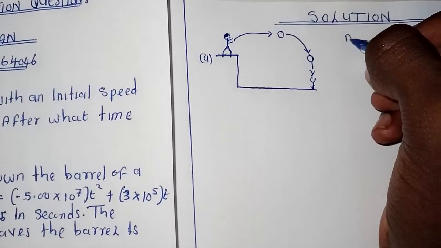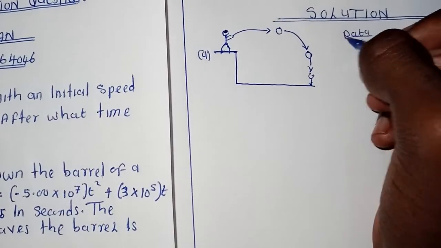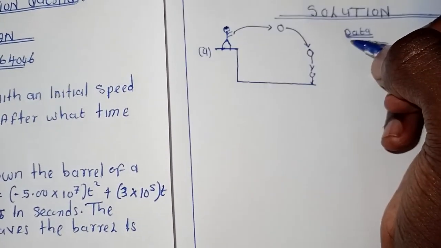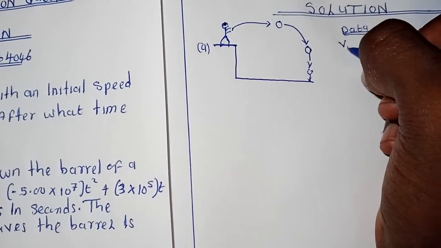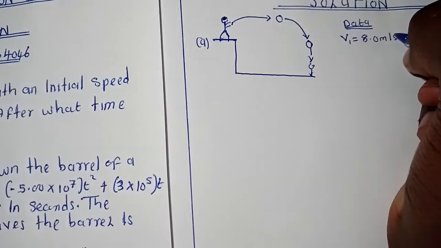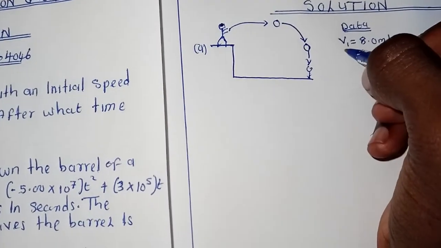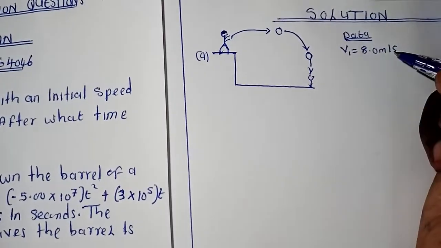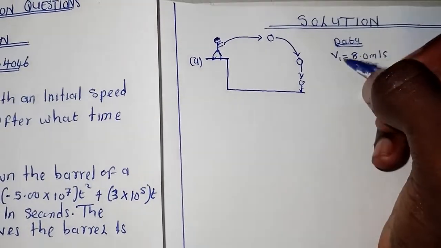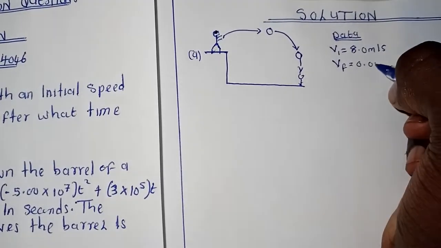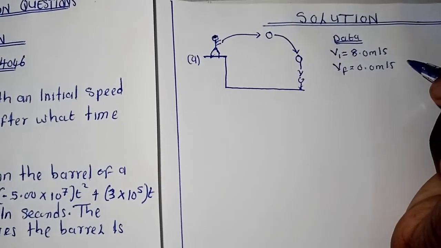Now, according to our data, we have an initial speed of 8.0 meters per second. Now, since where it's reaching, it's hitting the ground, and we expect it to be stationary, therefore the velocity final is 0.0 meters per second.